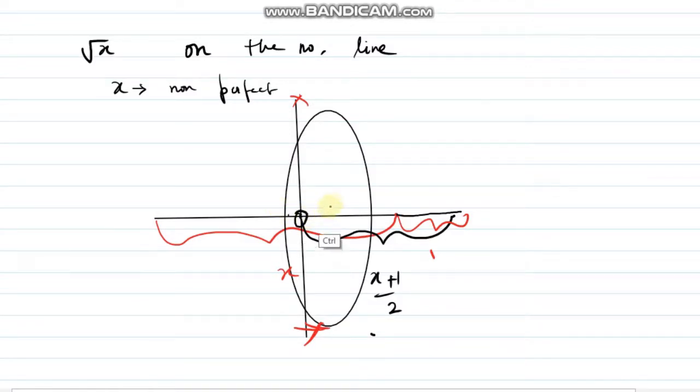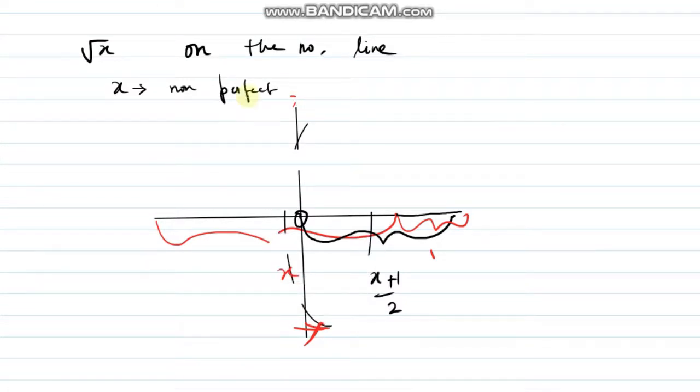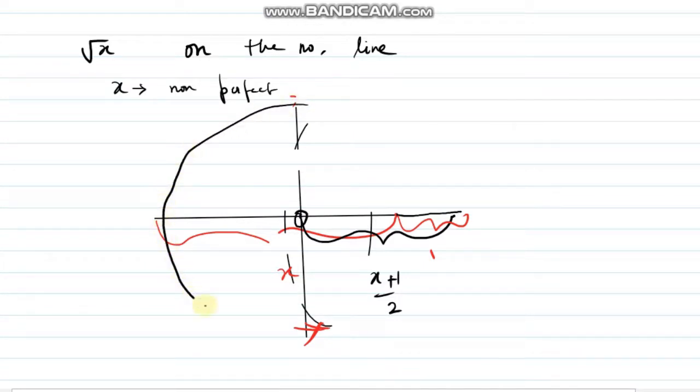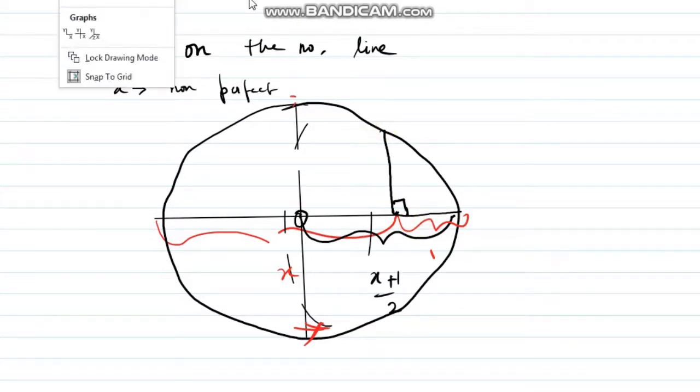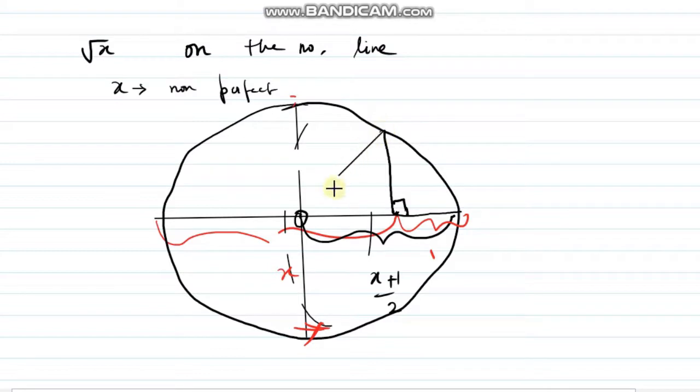Let me omit this circle and draw it handwritten, so you can understand. Now if I draw a perpendicular on this point where the x centimeter ends, this will be a radius of the circle.